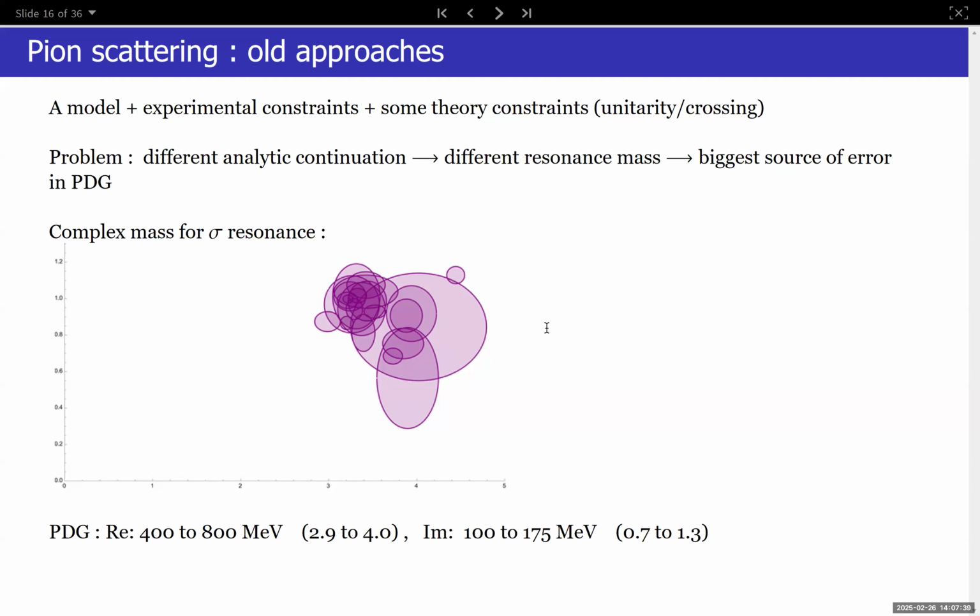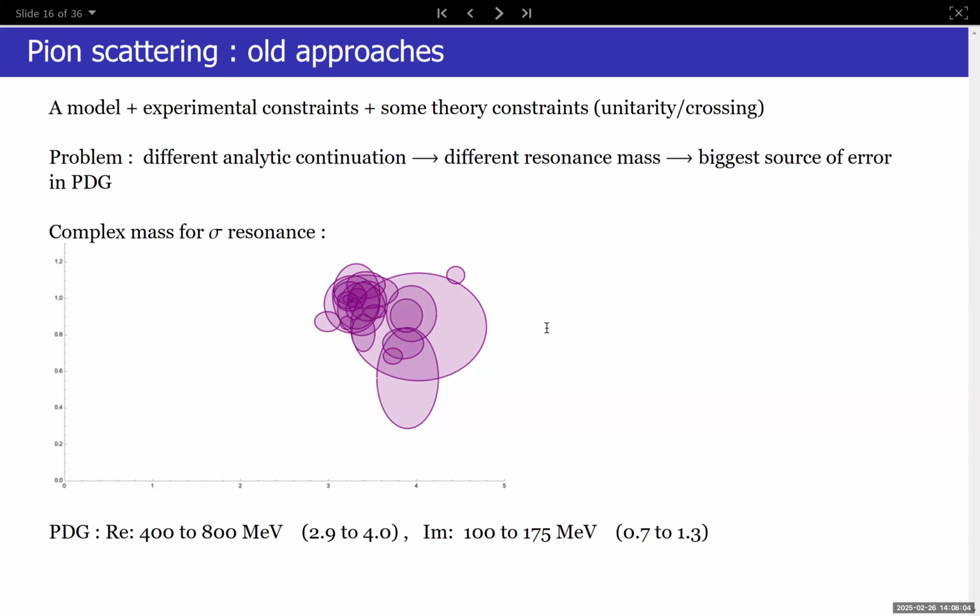And in PDG, what they do is they take all analyses and do some average. If you look here, many of the circles don't even agree with each other. So that's what people do in experiment.